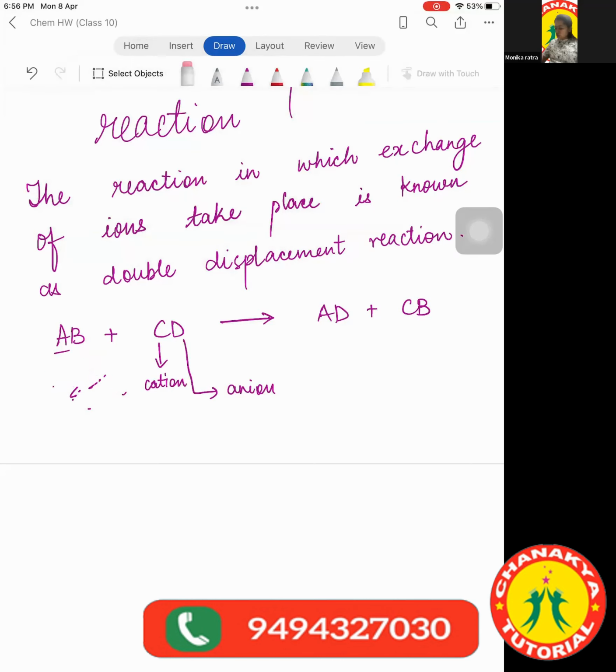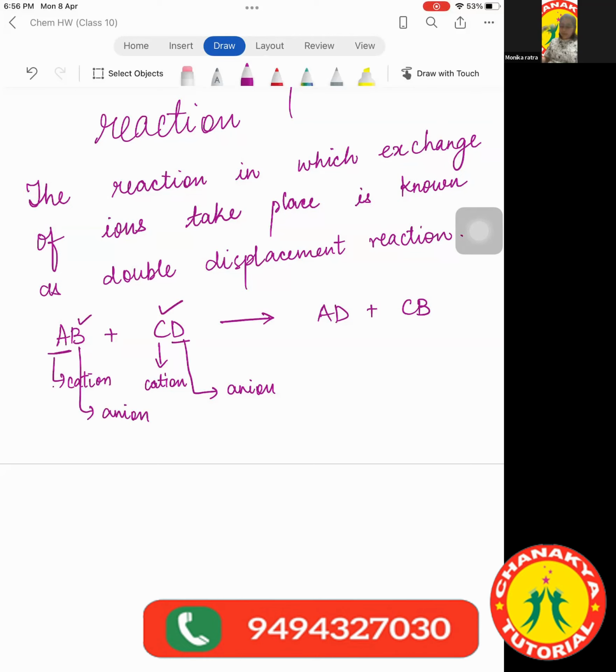That the exchange of ions is taking place. So again, this is the cation and this is the anion. The cation from the second reactant reacts with the anion of the first reactant, and the anion of the second reactant reacts with the cation of the first reactant, leading to the formation of products.